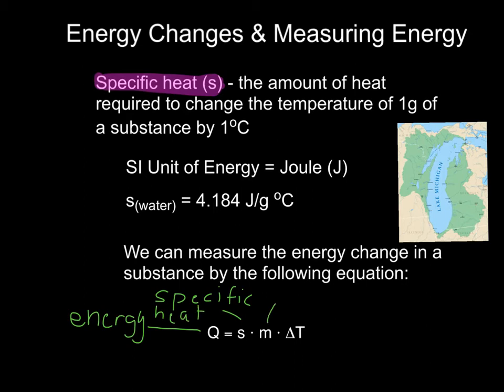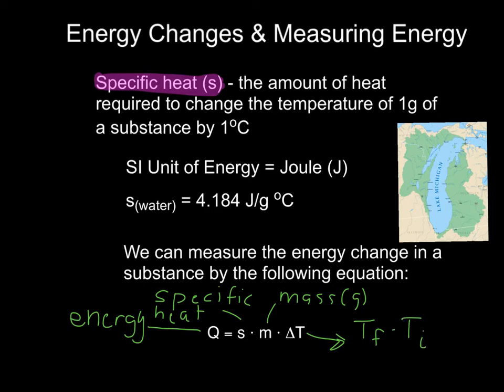M, what do you think it stands for? Mass, exactly. And this must be in grams. And delta T, any ideas? You got it. It's the change in temperature. You have to subtract the initial from the final. So it's always final minus initial temperature.